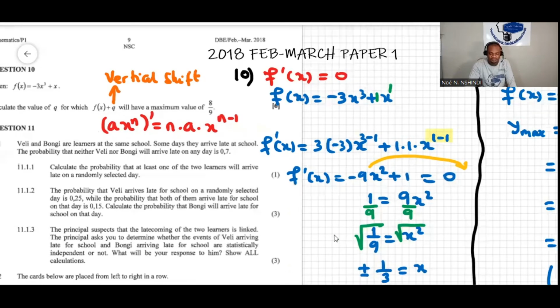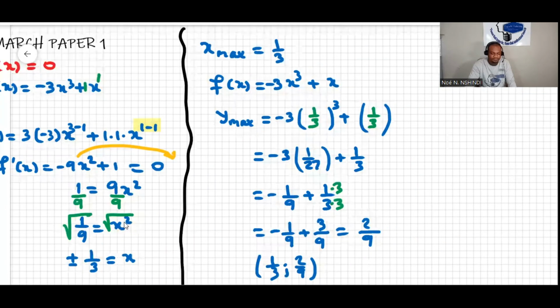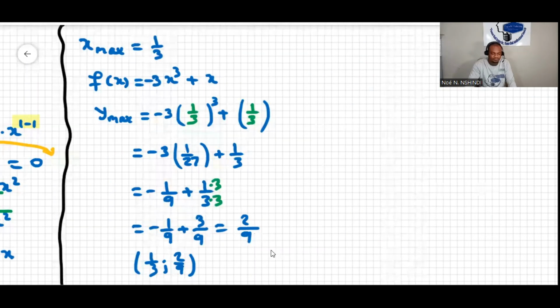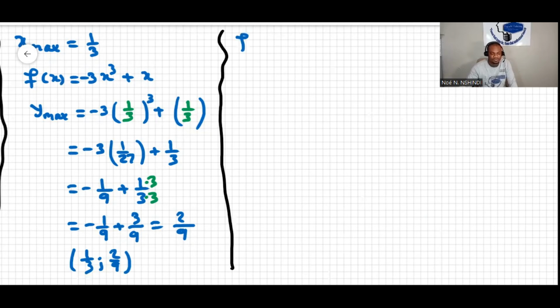So it simply means that f of x plus q has a maximum value equal to 8 over 9.